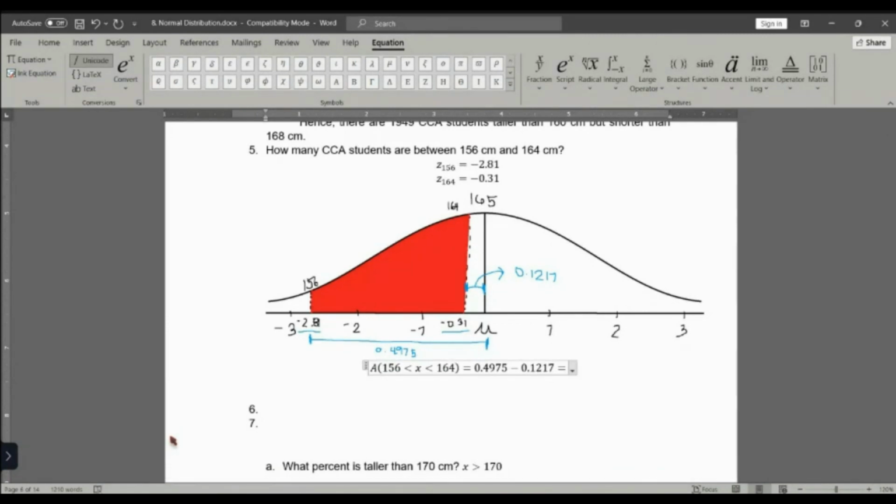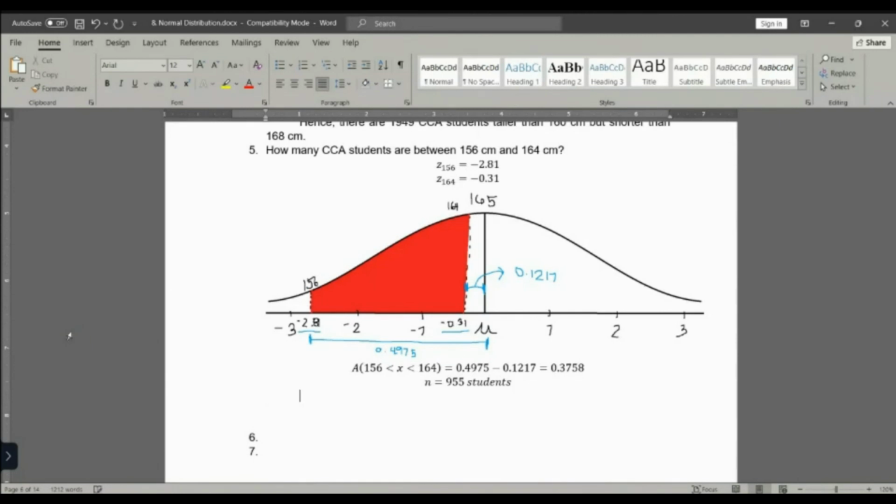So what is the area? 3758 po. 3758. And what is our N? Number of students? How many students are between 156 centimeters and 164 centimeters? 955 po. 955 students.